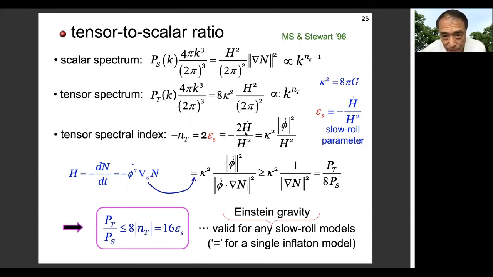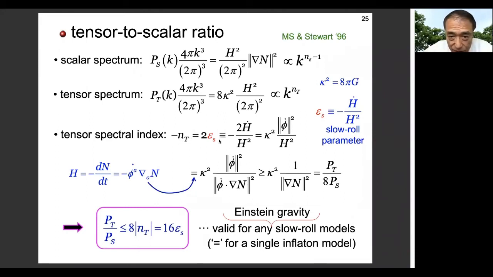This is just using the Einstein equation. Here I'm assuming Einstein gravity, and in this case a smallness parameter comes in, related to the small tilt in the tensor spectrum.